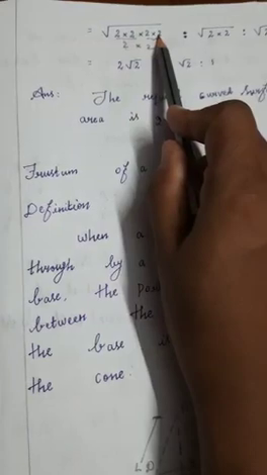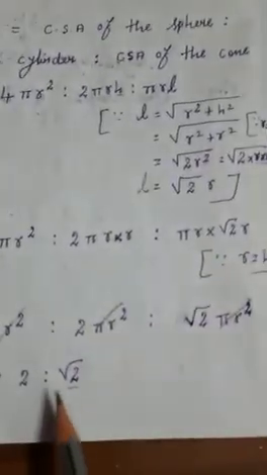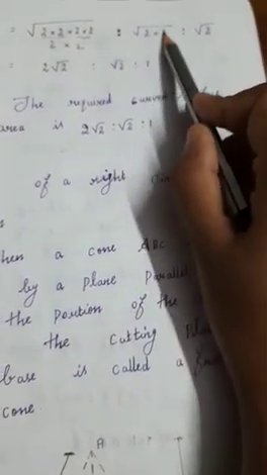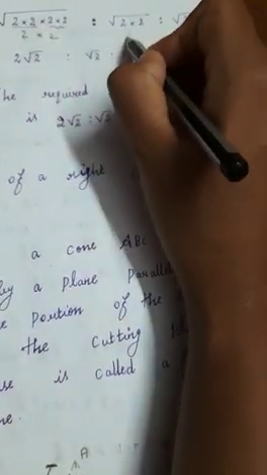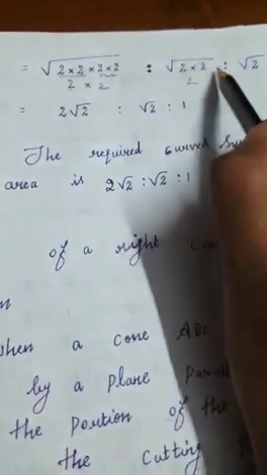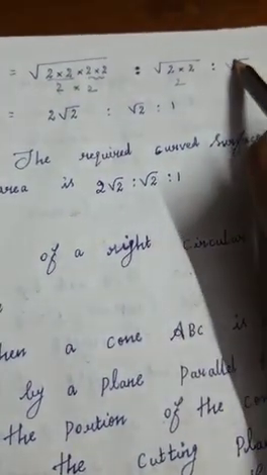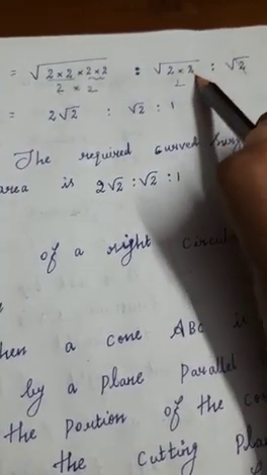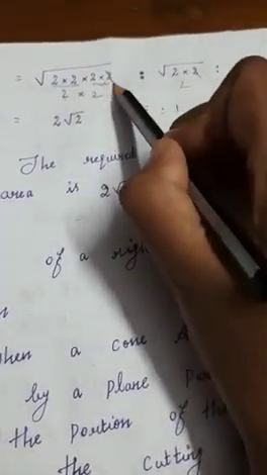After that, here 2 you have, how can you write 2? Square root of 2 into 2, 2 means that is 2 only, so this one is to after root 2. Right, now you can see here 4 times, here 2 times, here 1 time, so one root 2 you can cancel, here one root 2 you can cancel.